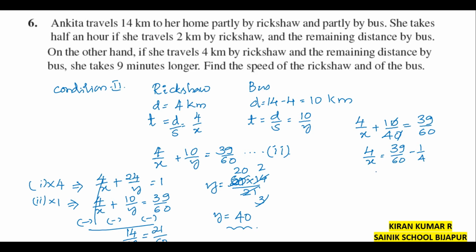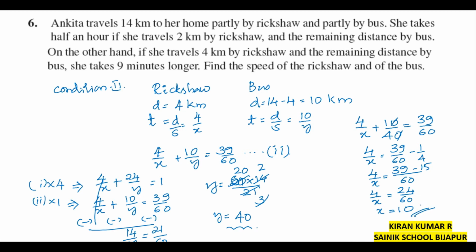You have to take the LCM of 60 and 4, which is 60. So 4 upon x is 39 minus 15 upon 60, so 4 by x is equal to 24 upon 60. Dividing, it becomes 1 by x equal to 1 by 10, so x becomes 10.